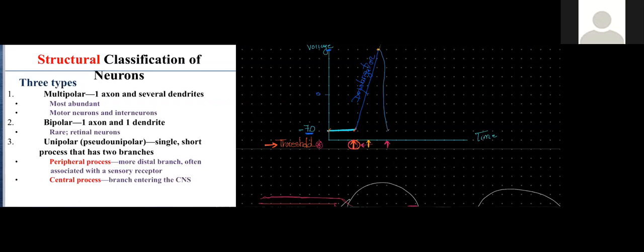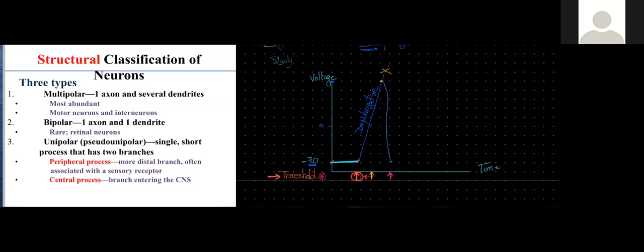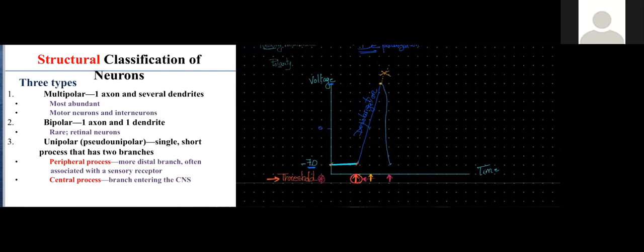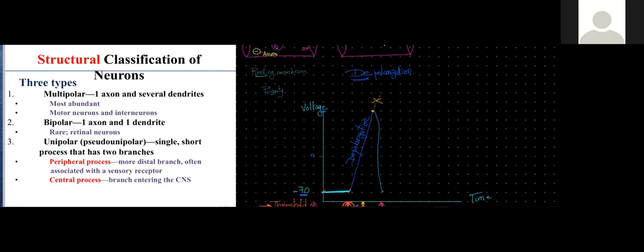You need to close the door in order to reopen it again. You can't open an open door. So here in a depolarized phase, in a depolarized membrane, you can't perform any further depolarization. It's all or none, whether you are depolarized or you're not. I can't depolarize an already depolarized cell membrane.